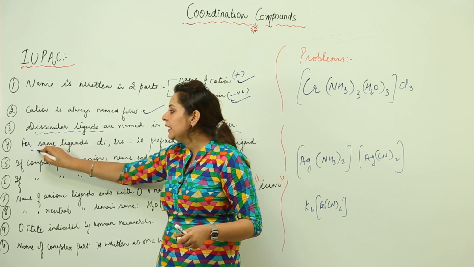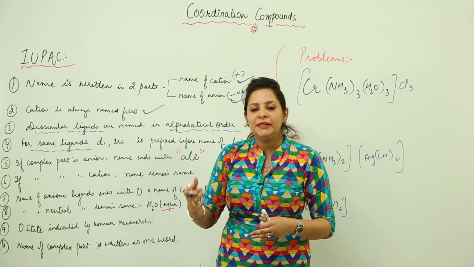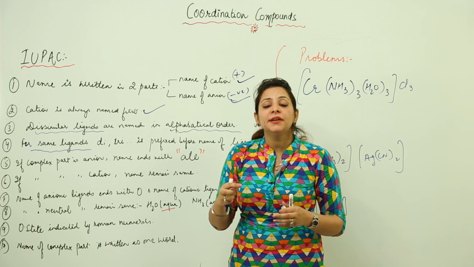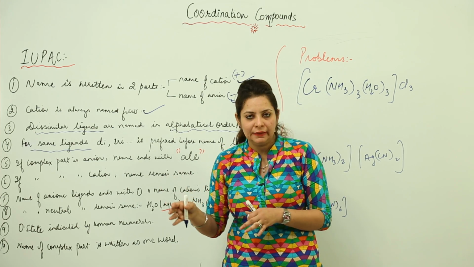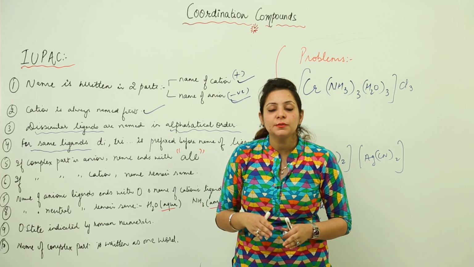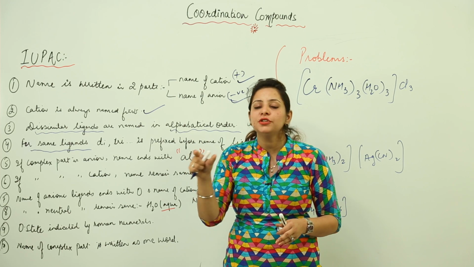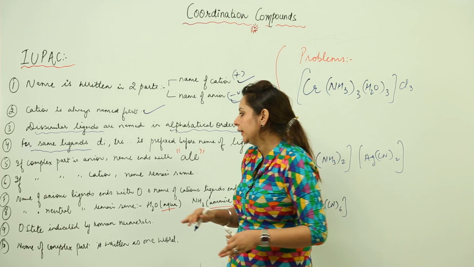And if the same ligand is present 2 times, 3 times, just prefix di, tri. But if di, tri is already used in the name, then instead you can use bis, tris. You need to use that to indicate whether the same group is present 2 or 3 times, so you prefix di, tri or bis, tris before the name of the ligand.